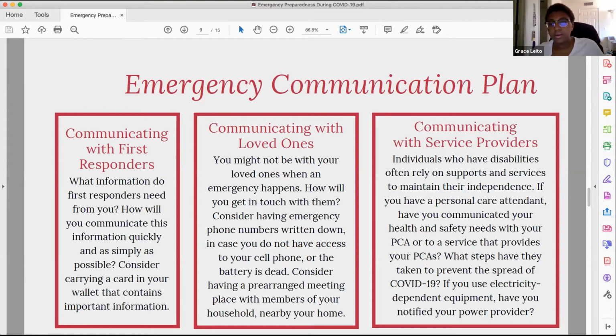So a lot of the times, personal care attendants may be considered your family, or they may be hired, but either way, you just need to make sure that you have communicated your health and safety needs, and that you have an emergency plan that you have communicated together.